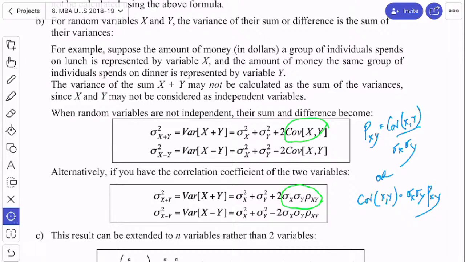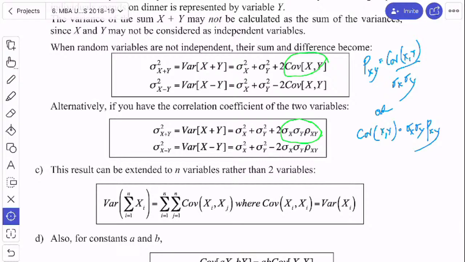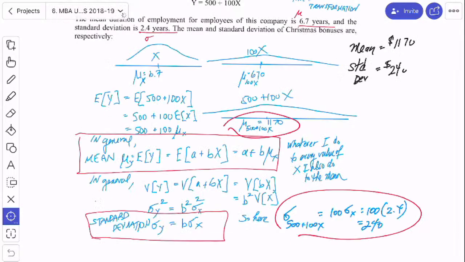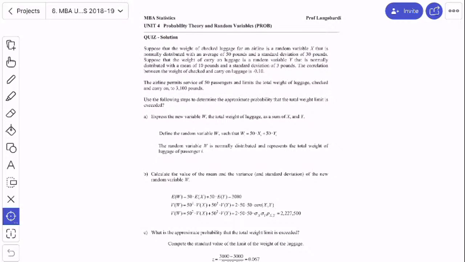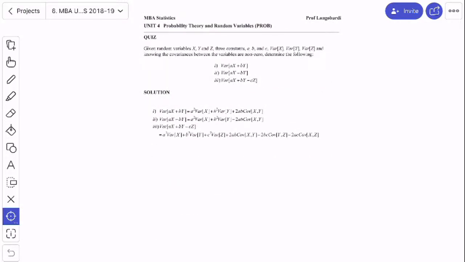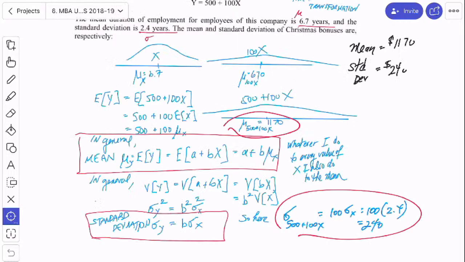Notice all I've done here is x and y, but I could also have scalars in front. I could be multiplying x by something and y by something. So what I'm going to do is take a moment to show you the general case and the results that is here. And then what follows after I do this, you should be able to solve and understand all of these problems. So you can prepare for those during the week. Okay, so this is all going to be on the test.